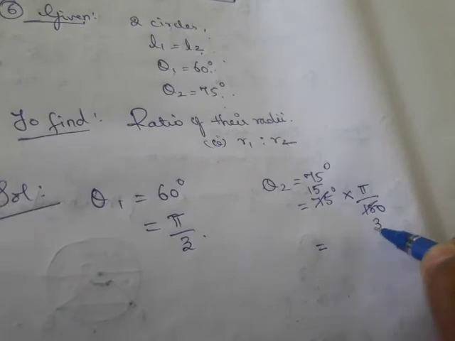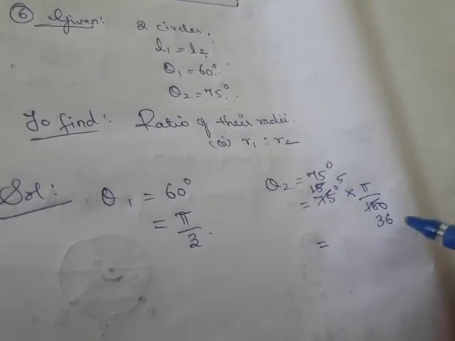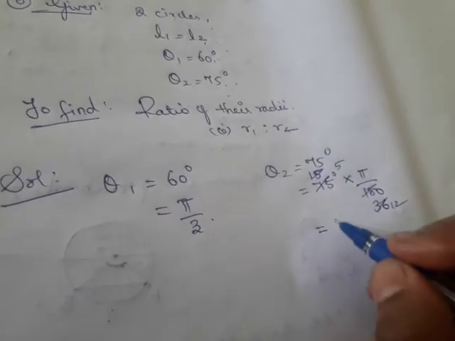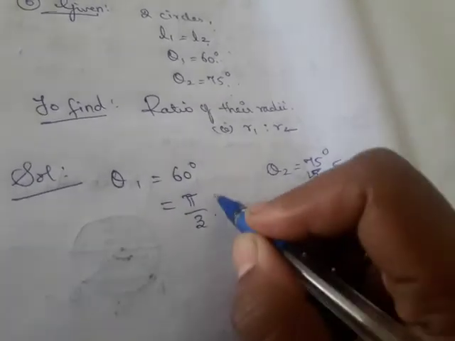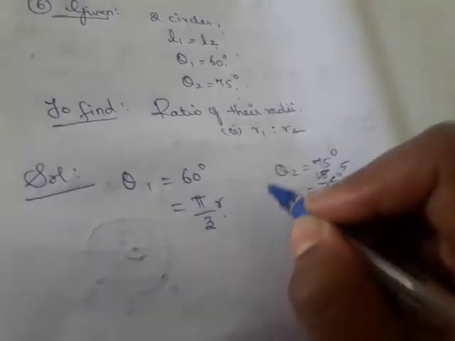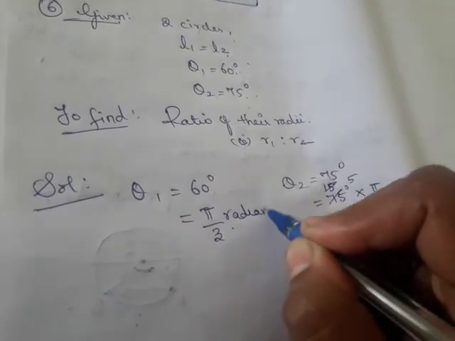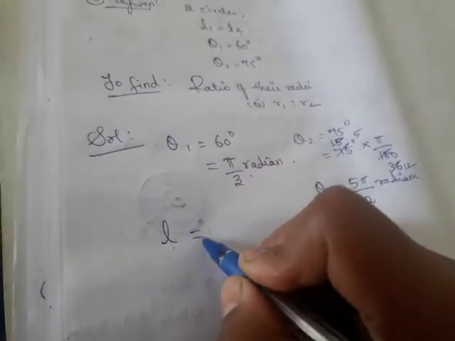Here 5 3s are 15 and 6. Then again 3 table, 3 5s are 15 and here 3 12s are 36. So which is nothing but 5 pi by 12. So theta 2 is 5 pi by 12 radian, and this is pi by 3 radian, right? Now what is the relation between L, R and theta?